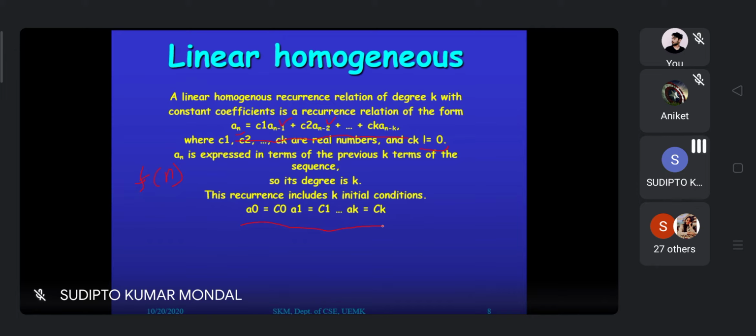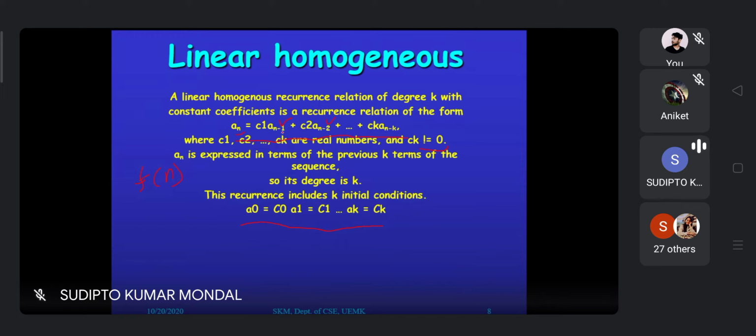So in case of linear homogeneous recurrence relation, the current function call a_n, or f_n, or t_n, is equal to a constant into a_(n-1). So every time it is dependent on its previous terms, either one term, two terms or many terms, it has no effect.